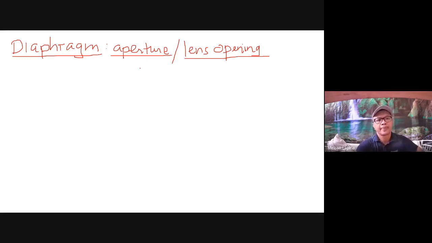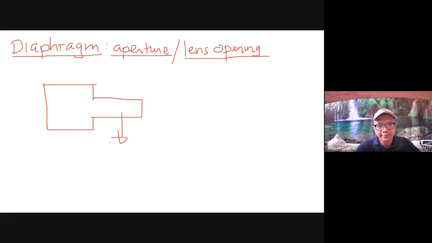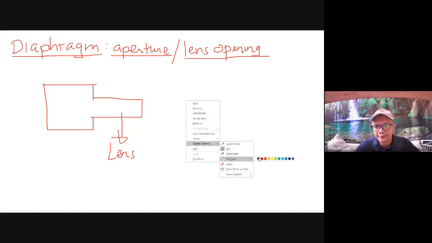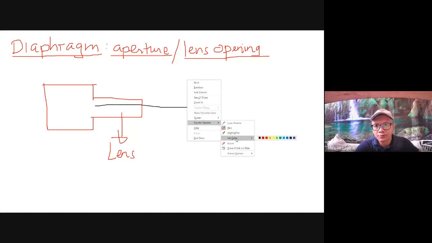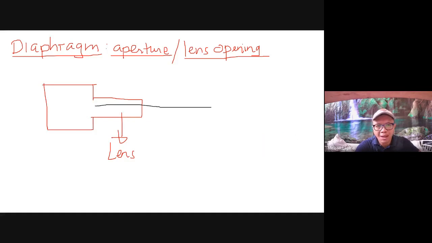Ganito siya. So sa camera, kung tingnan natin ang camera, side view drawing of the camera. Ito yung lens natin. So through the lens, papasok ang light. Pero ang light na yan ay hindi makapasok kung walang tinatawag na aperture.